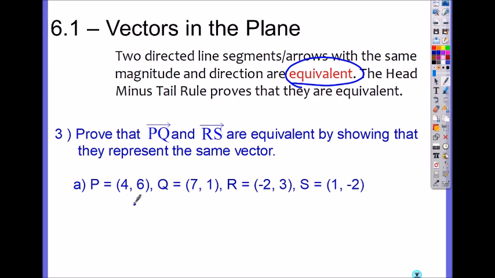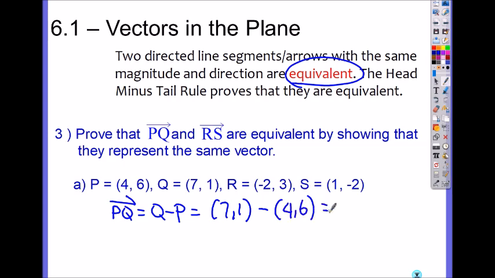So what is vector PQ? It's Q minus P. Q is 7, 1 minus P, 4, 6. So you get the component form 3, negative 5 for vector PQ.